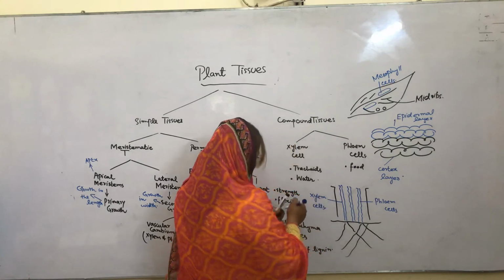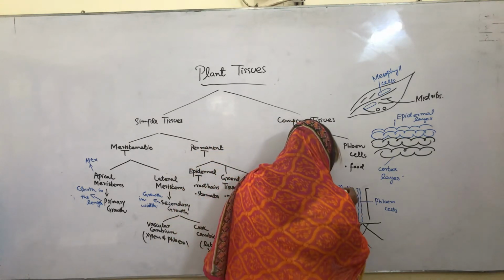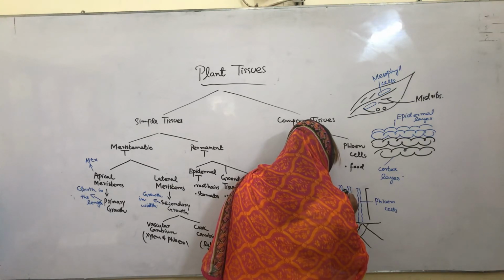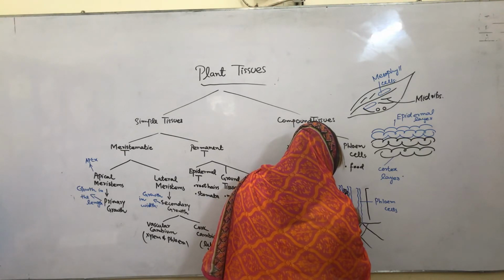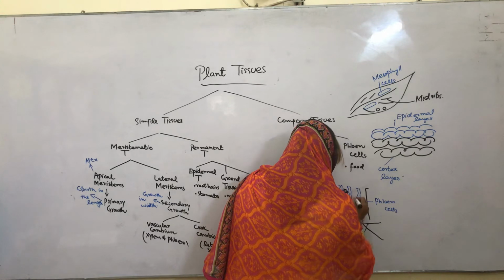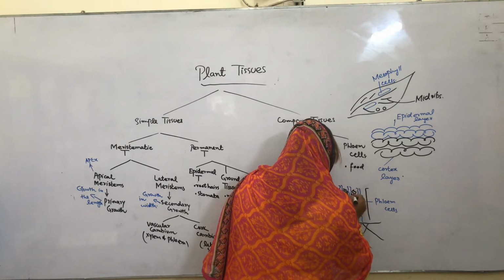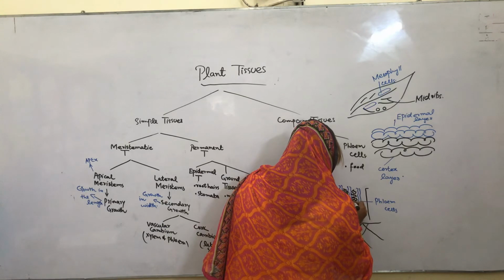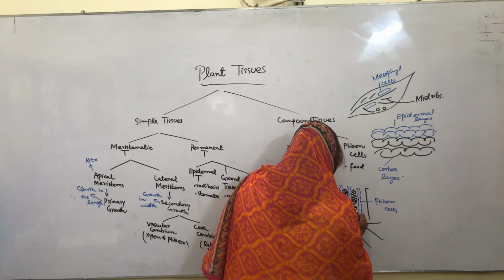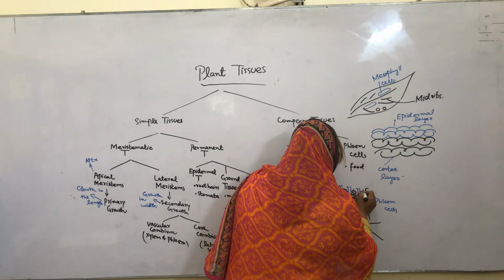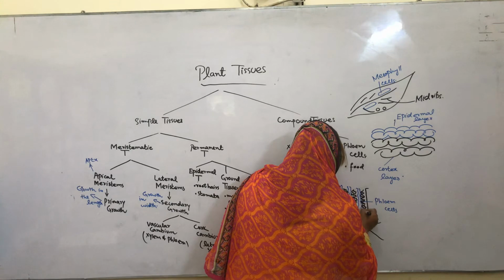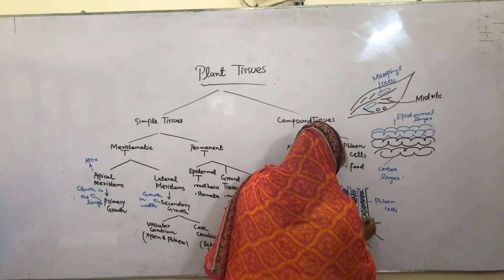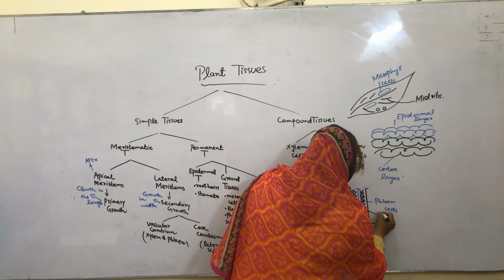And these are covered by structures. These structures are called tracheids.